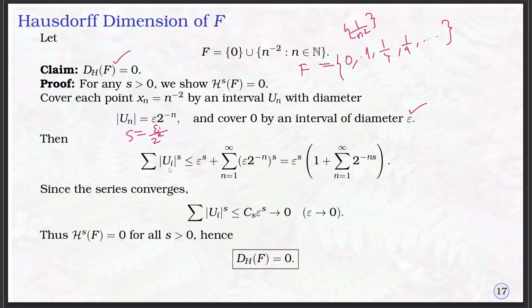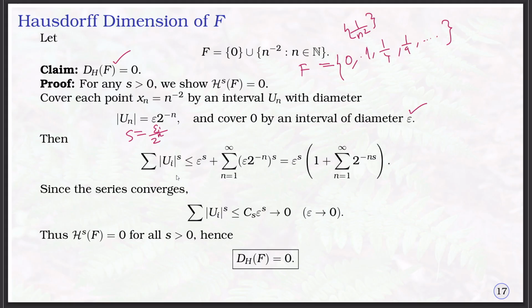Then the sum of |U_i| power s is less than or equal to epsilon power s plus the sum of epsilon times 2 power minus n, all to the power s.